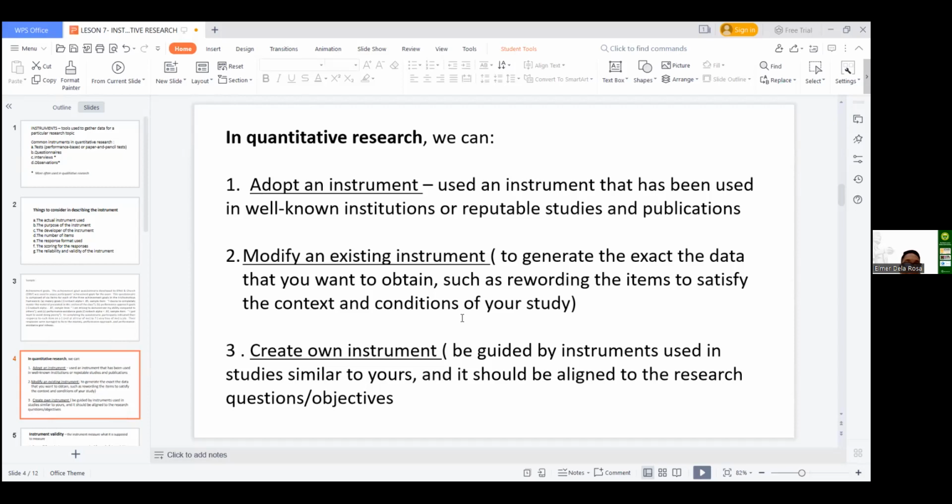Now, if there is no instrument to be adapted, therefore wala ka ring mamomodify, then you can create your own instrument. Still aligned with your research questions, you can be guided by instruments used in similar studies, but you are creating it as your own. Medyo mas challenging ito dahil wala pang instrument na katulad nito.